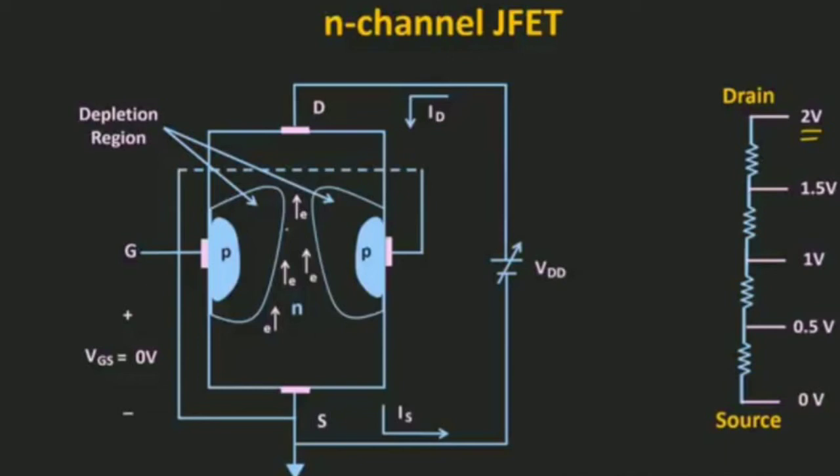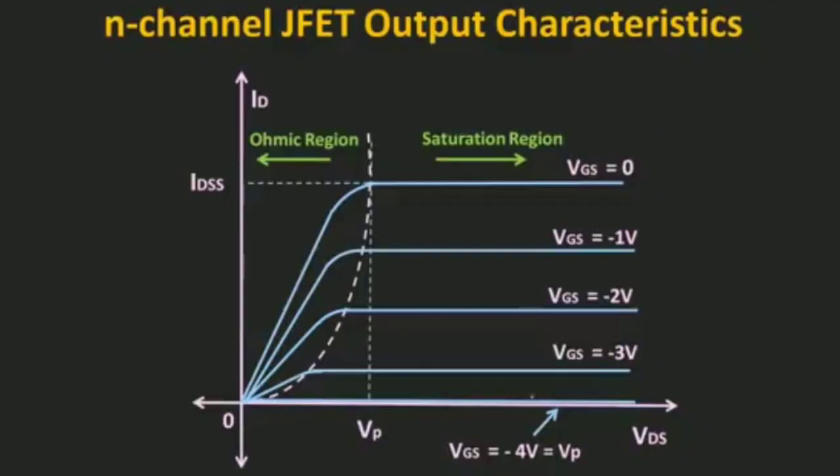So in case of VGS equal to minus 1 volt, the drain curve will look something like this. As you can see, the saturation value has been reduced. And in fact, it will continuously reduce.